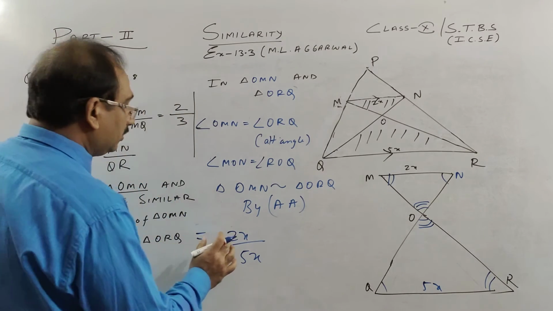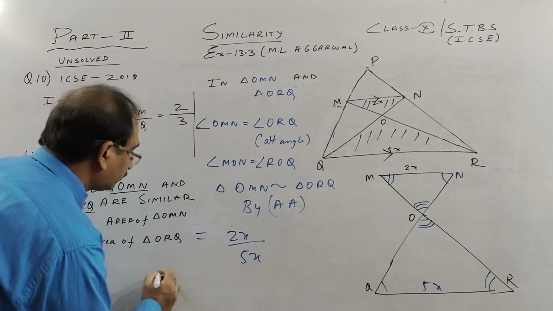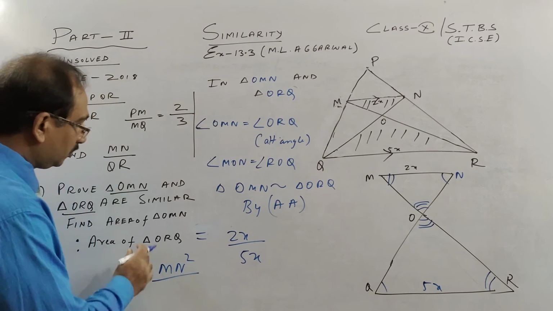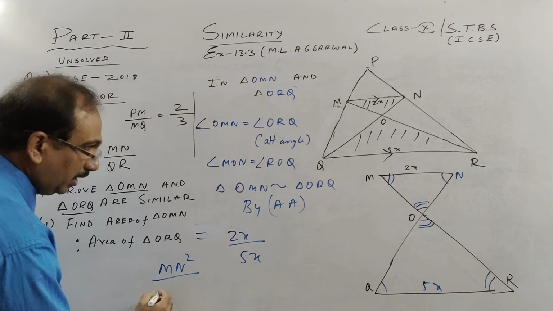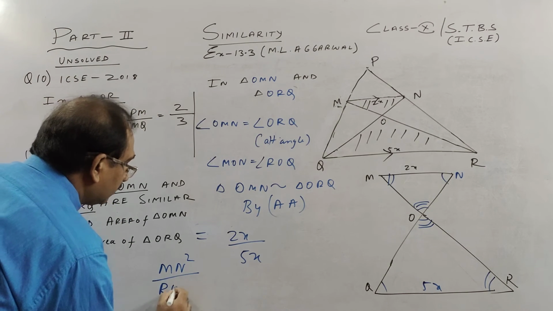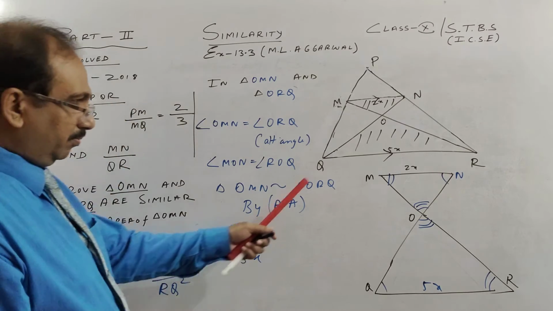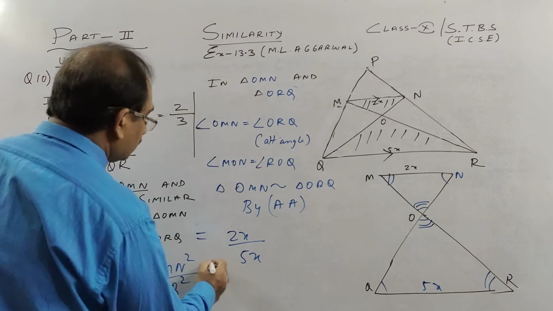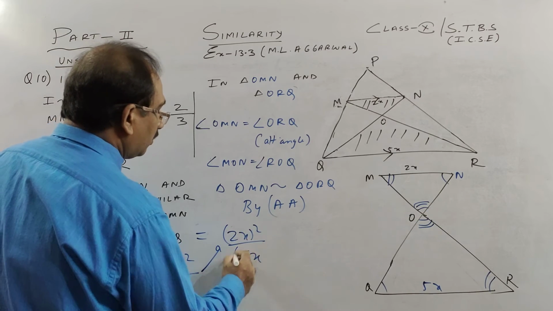What, children? After this you write MN square by RQ square, which is this square by this square.